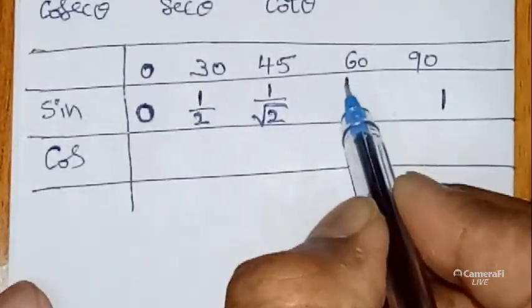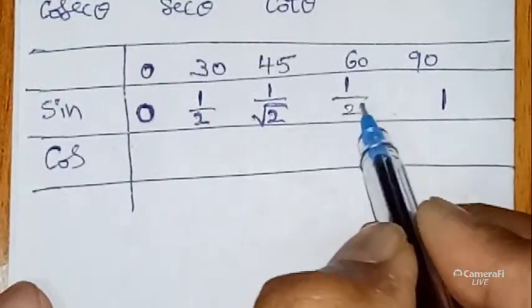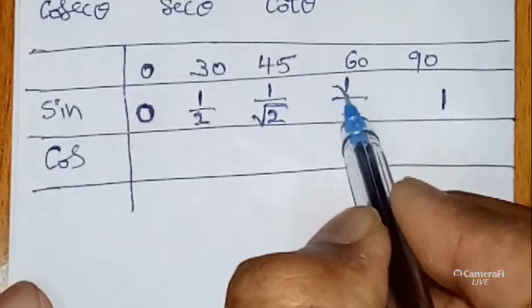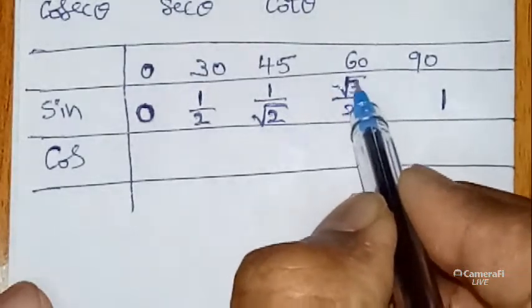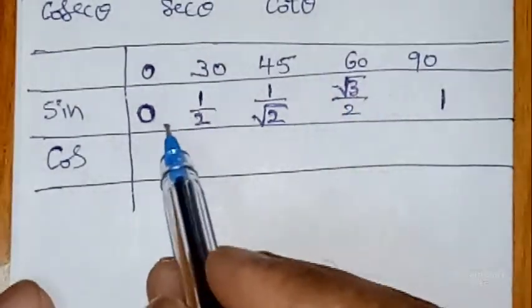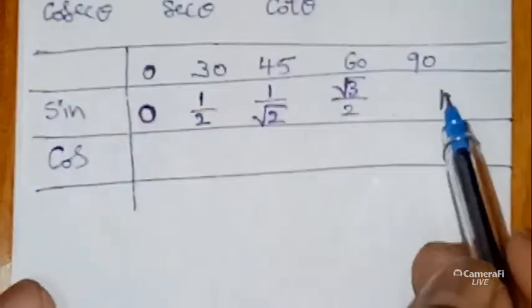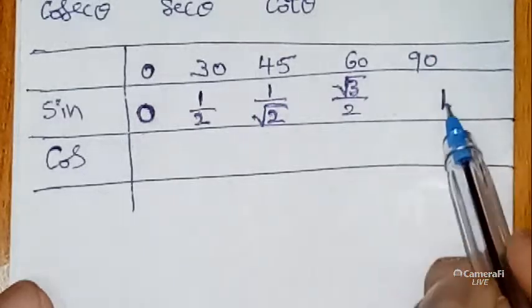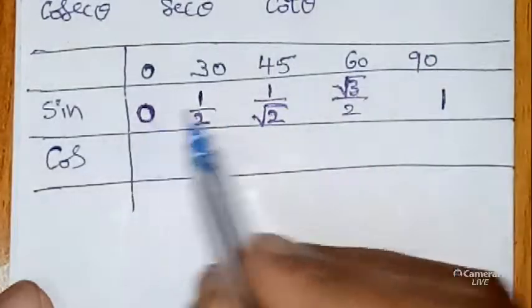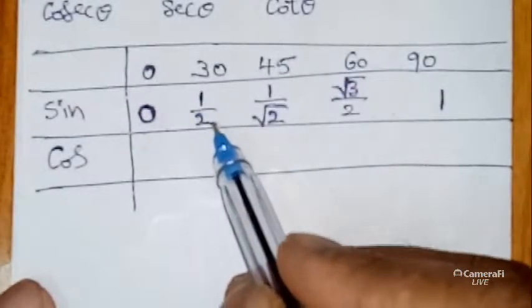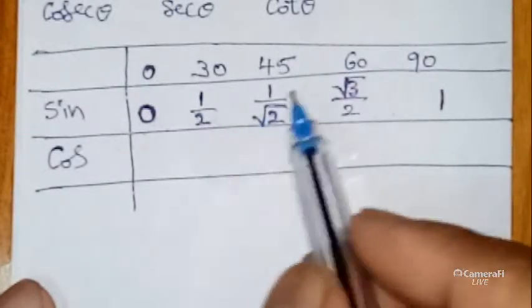The same 1 by 2 I want to write here, but in place of 1 I convert it to root 3. So once more: the starting number is 0, the next number is 1, near 90. The average of these two values, 0 plus 1 by 2, is 1 by 2.